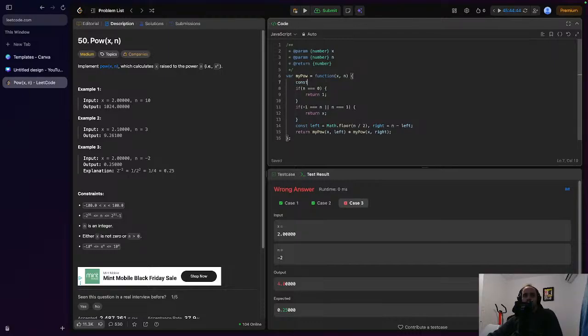I just say const power equals math.abs of n, and then use power. If we're doing absolute value, it's always going to be positive.